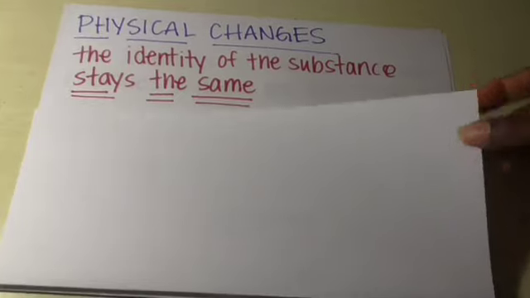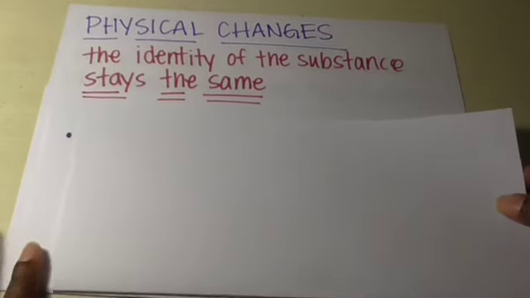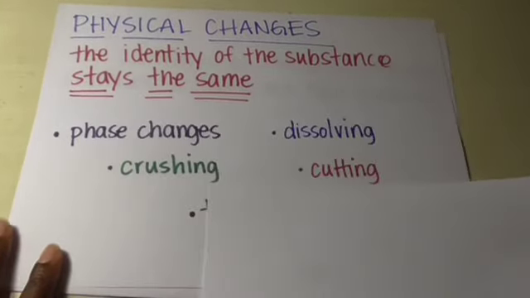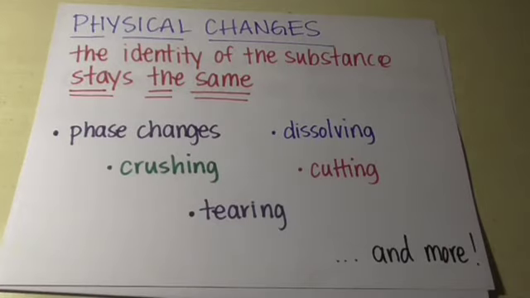Some examples are phase changes. Boiling, melting, and sublimation are all examples of physical changes. If I dissolve something in water, like salt or sugar, or if I crush it, cut it, or tear it, all of those are examples of physical changes.